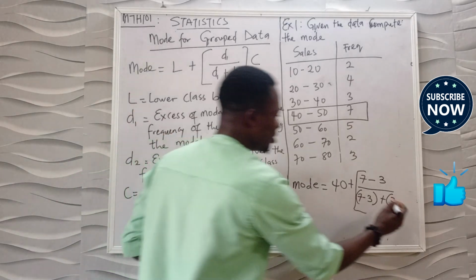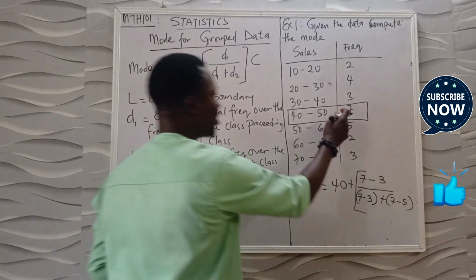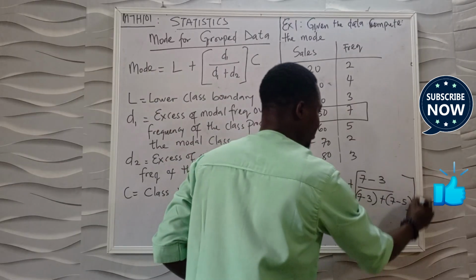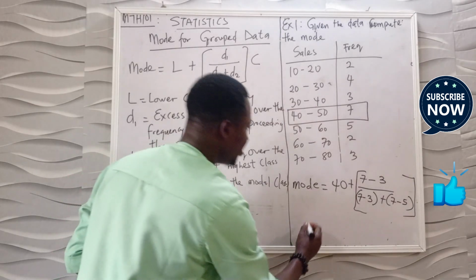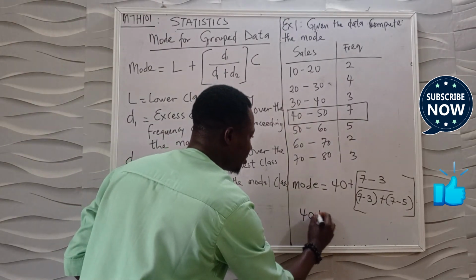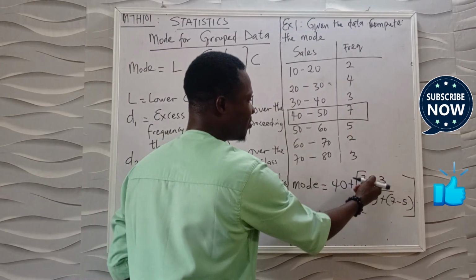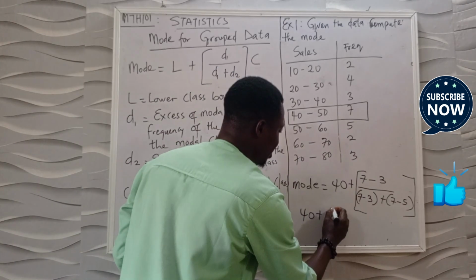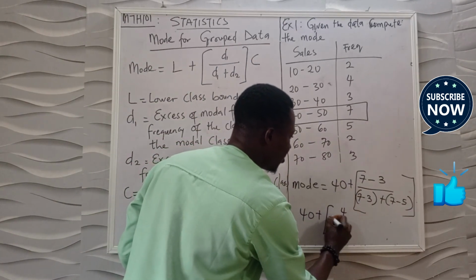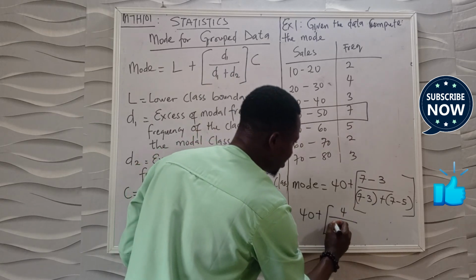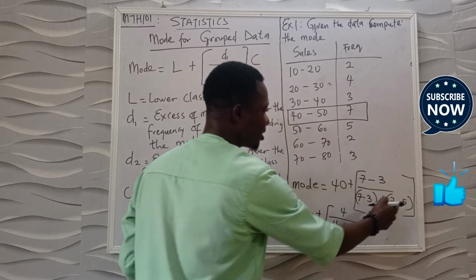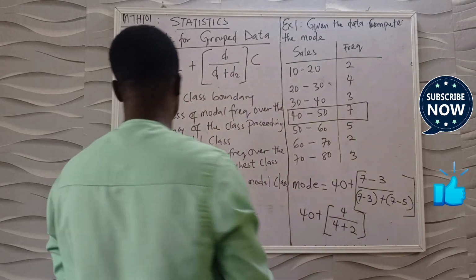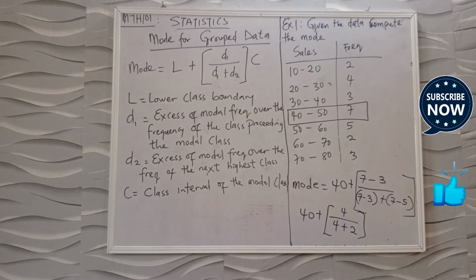That is 5, because 5 is the frequency immediately after the modal class. So what are we left with? We have 40 plus 7 minus 3, which gives us 4, over 4 plus 7 minus 5, which gives us 2.